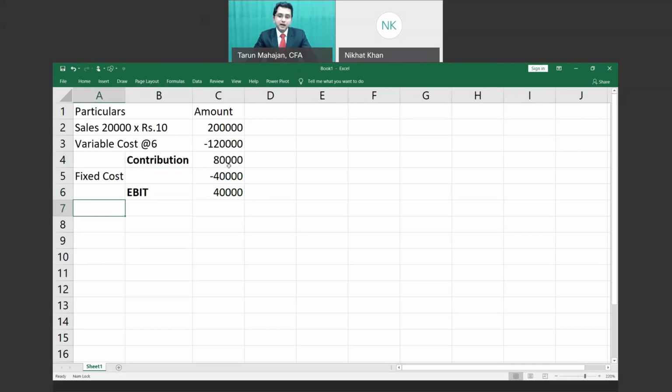Okay, now tell me one thing. Suppose I increase the amount of sales, what will happen to variable cost? No, it's 1,20,000.